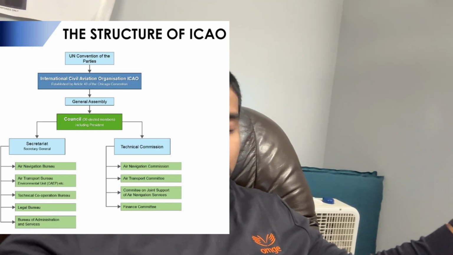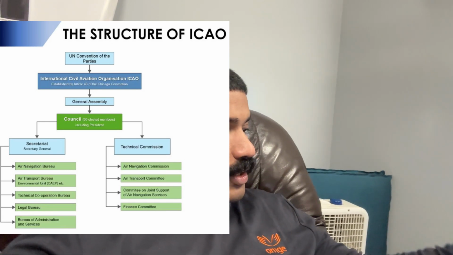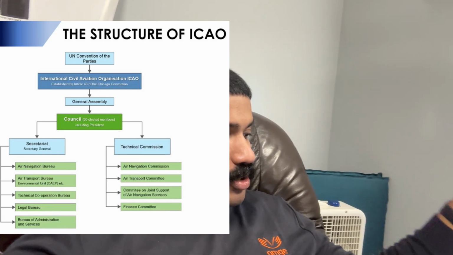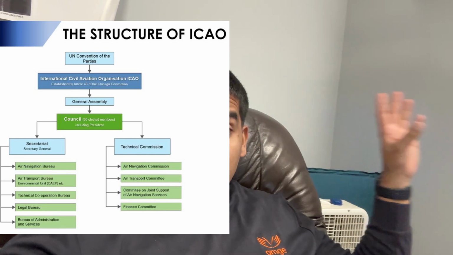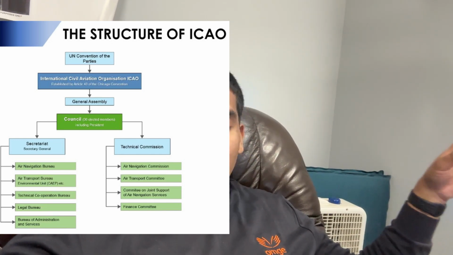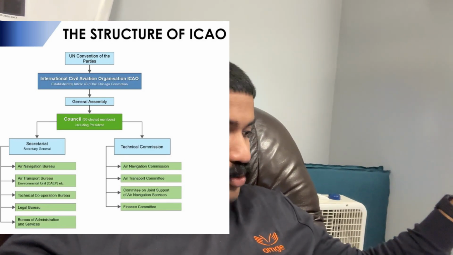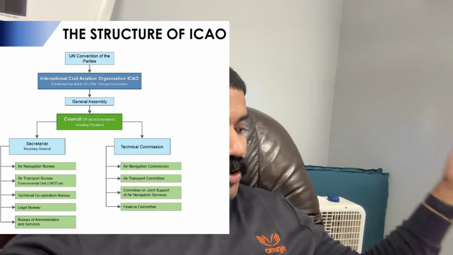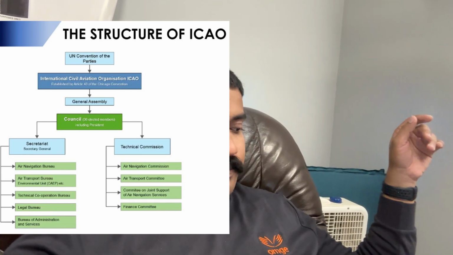Air Transport Committee, again appointed by the council. Legal Committee. Committee on Joint Support of Air Navigation Services, which has not more than 11 members but not less than 9 members. Finance Committee, not more than 13 members but not less than 9 members, appointed by the council again. Committee on Unlawful Interference, 15 members appointed by the council.